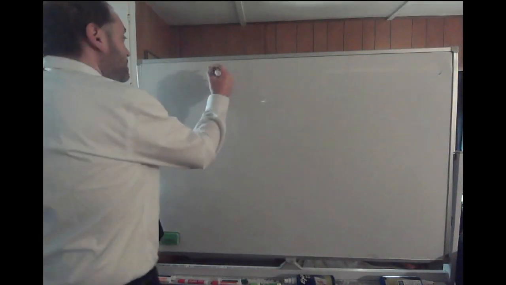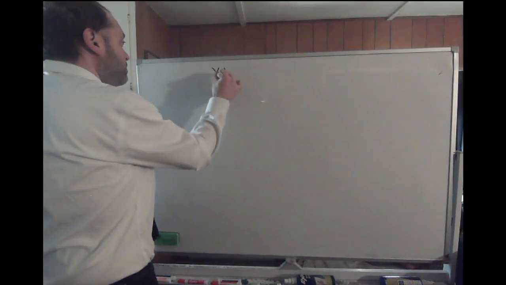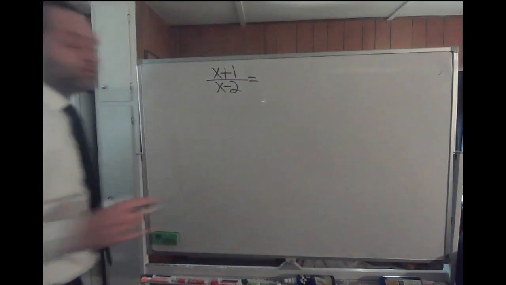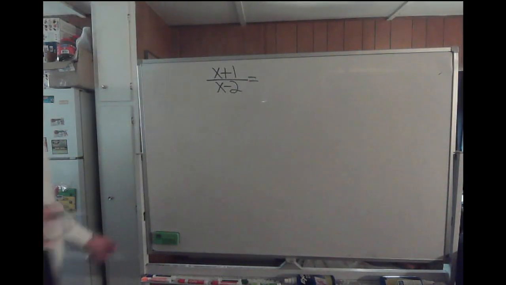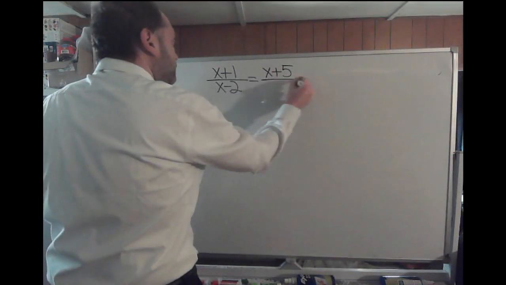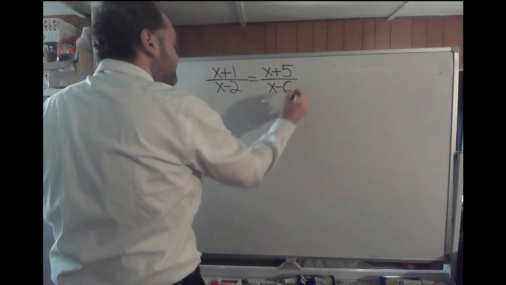Okay, 4 more problems. We have x plus 1 all over x minus 2 is equal to x plus 5 all over x minus 6.